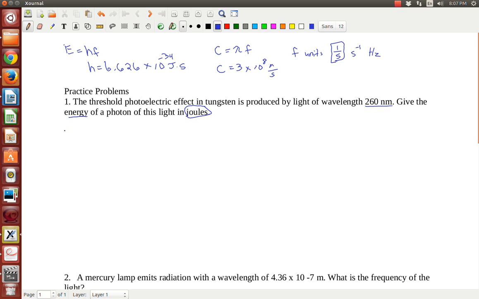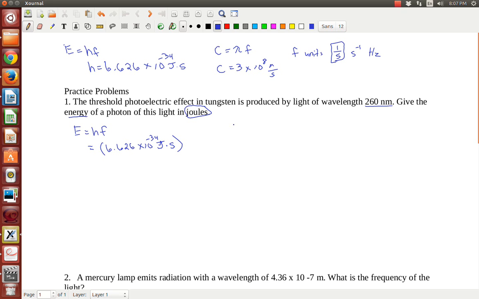Hopefully you remember that. So what I usually do is write down the formulas that I have and fill in all the information that I know. Okay, I know energy is equal to Planck's constant, 6.626 times 10 to the minus 34 joules times seconds. All right, joule seconds. I don't know the frequency, so I'm going to need to calculate the frequency.